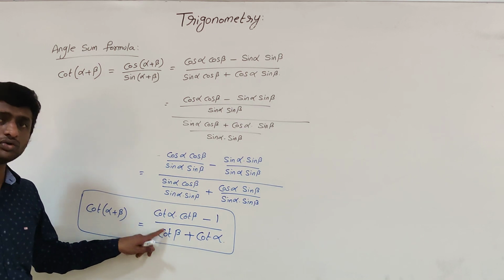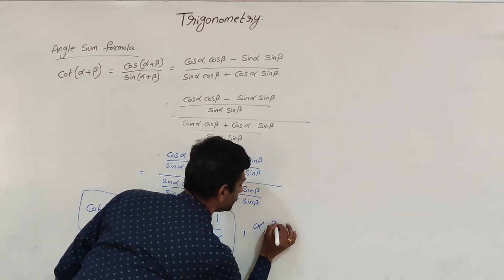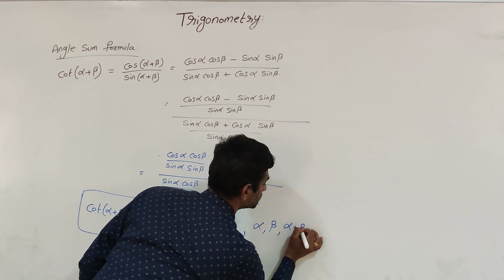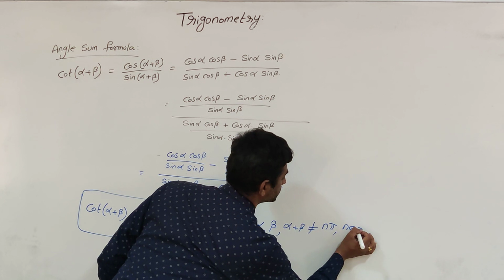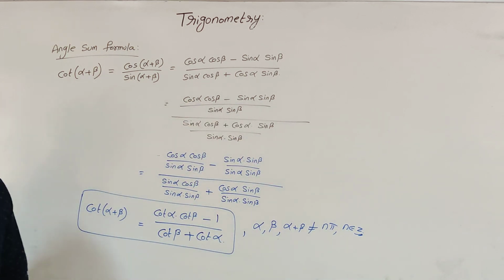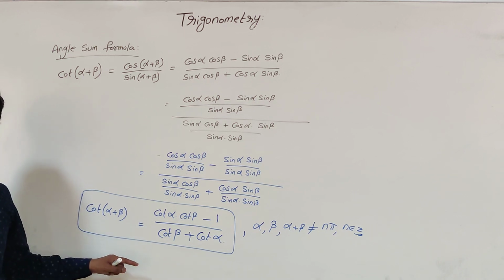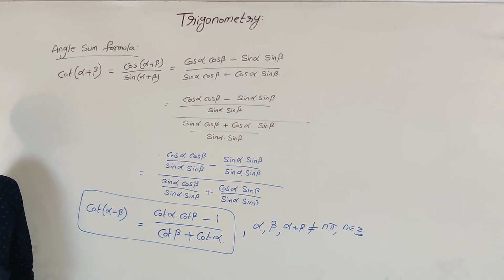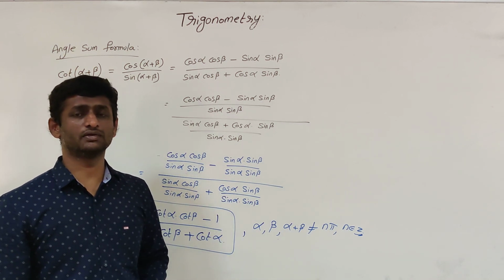So in order to define this cot of alpha plus beta, alpha, beta and alpha plus beta should not be equal to n pi, where n belongs to the integers. Means it should not be a multiple of pi. If it is a multiple of pi, then it will not be defined. So these are the trigonometric ratios for alpha plus beta.